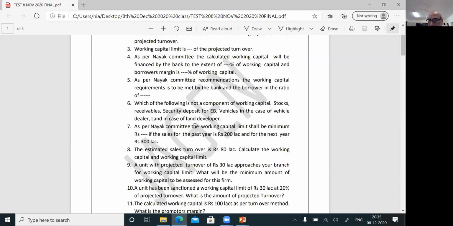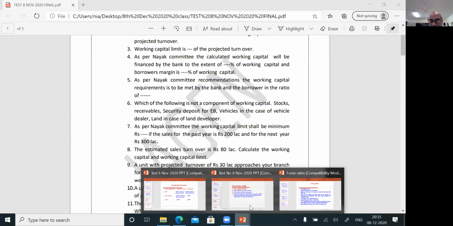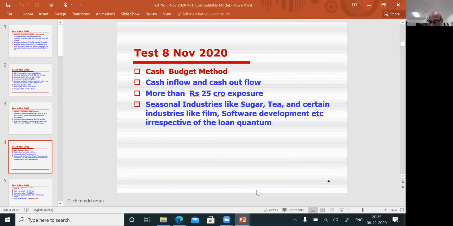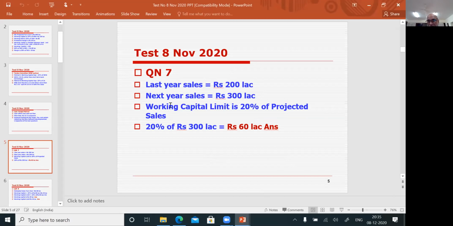So the working capital limit will be 20% of the projected sales. You see the PowerPoint, you'll understand. Question number 7 we are discussing. What is the last year sales? 200. Forget it. Next year sales, how much? 300. What did they ask in the exam?